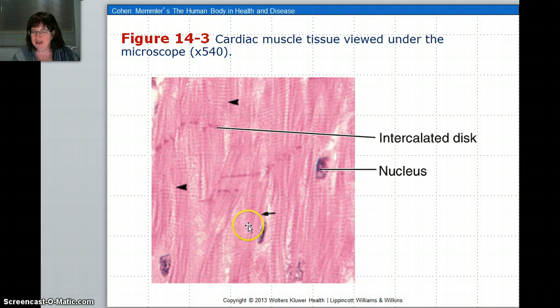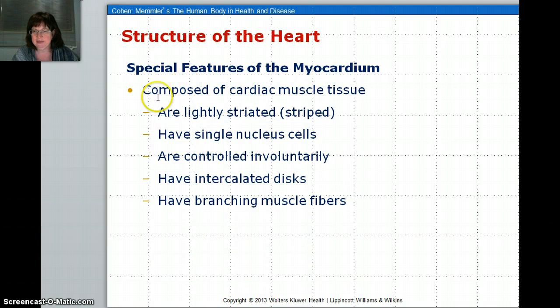You also have sort of branching, and you have nuclei throughout it. So when you look at the features: lightly striated, single nuclear cells, controlled involuntarily, which is good, and you've got branching muscle. Very important in the structure of the myocardium.